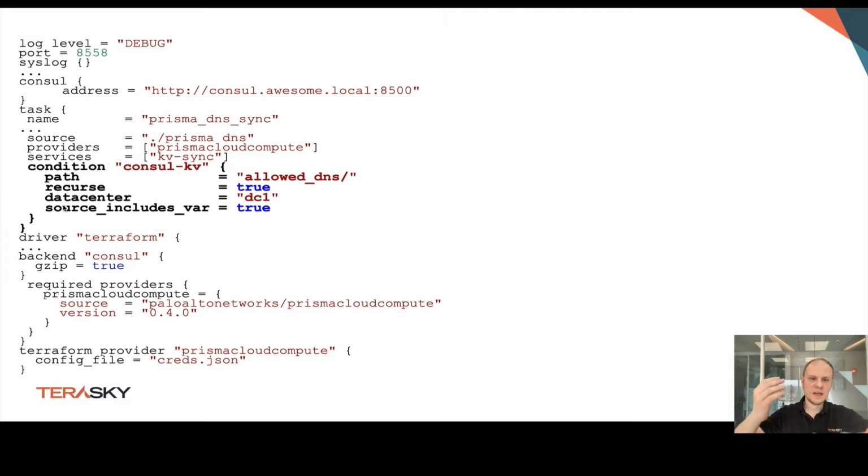So if you remember, in the previous example, I showed you that the condition is services. Now, in this case, the condition is Consul key value, and this is the specific path that I'm searching for, and I'm recursively going to search all the keys inside of that path. All right.